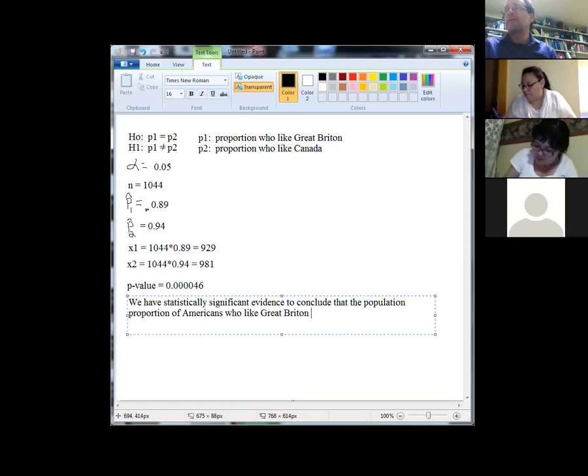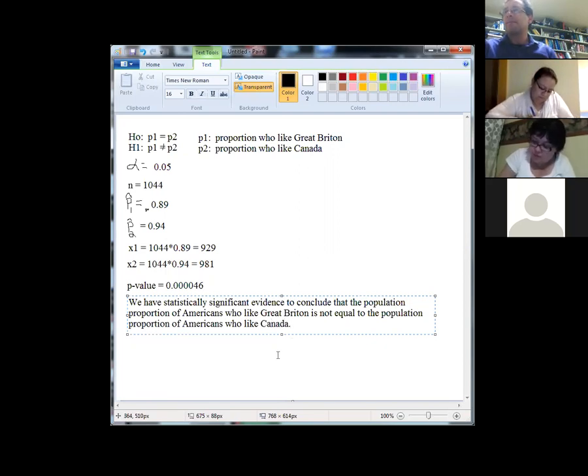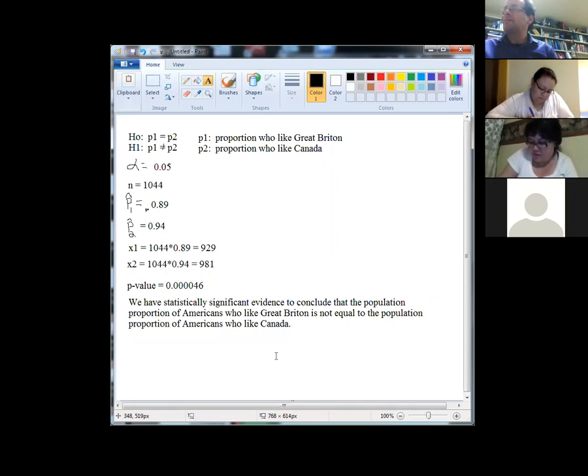What are the next few words? Is not equal to, yeah, is not equal because it's a two-tailed test, so it's not equal to the population proportion of Americans who like Canada. Any questions on that? Okay, and if you want, you can say we have strong statistically significant evidence because P is so small.